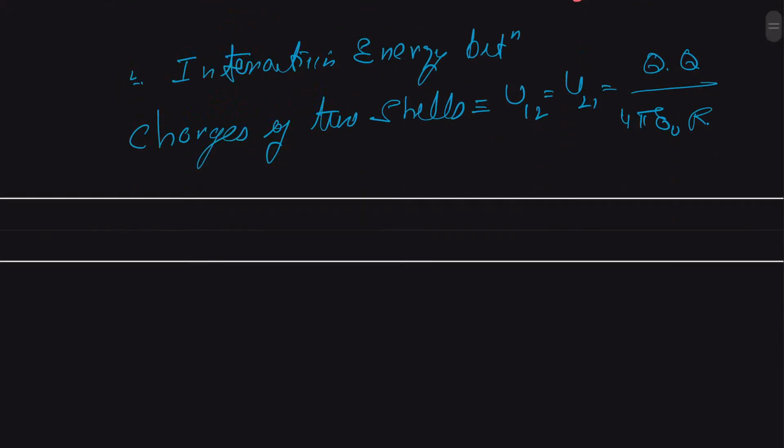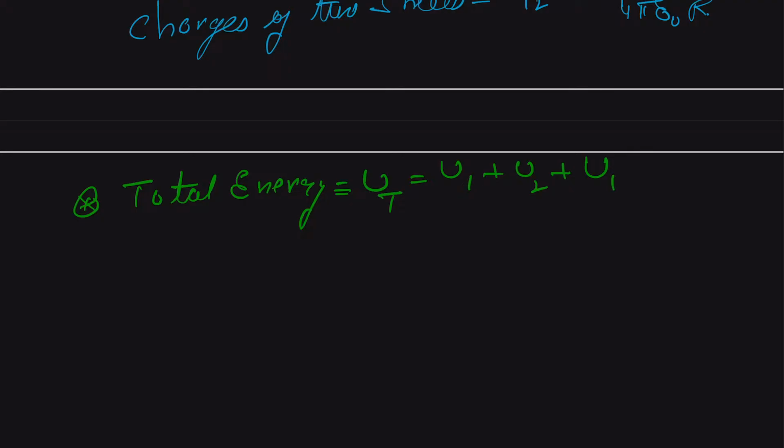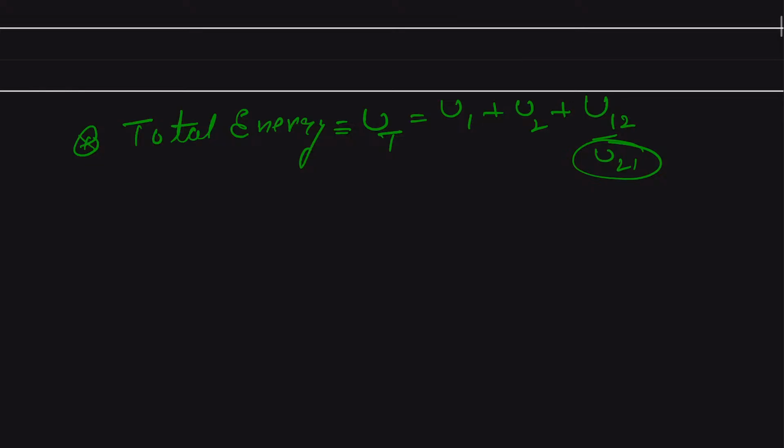Therefore, total energy UT will be equal to U1 plus U2 plus U12, or we can write this also as U21. It's one and the same thing. Now we simply substitute the values.